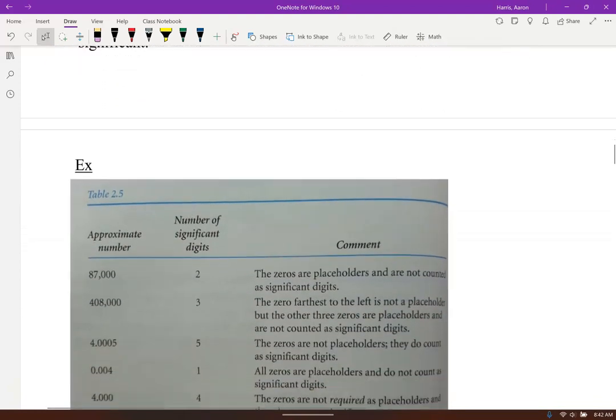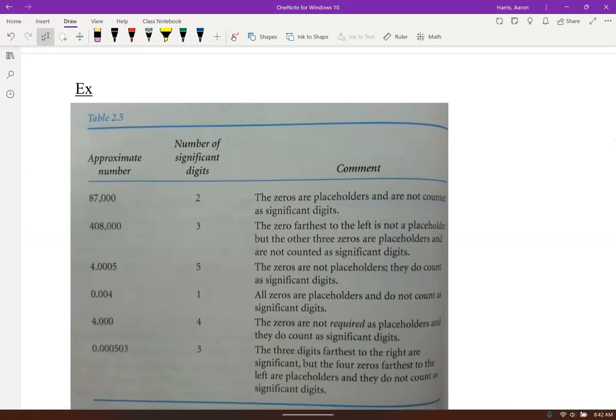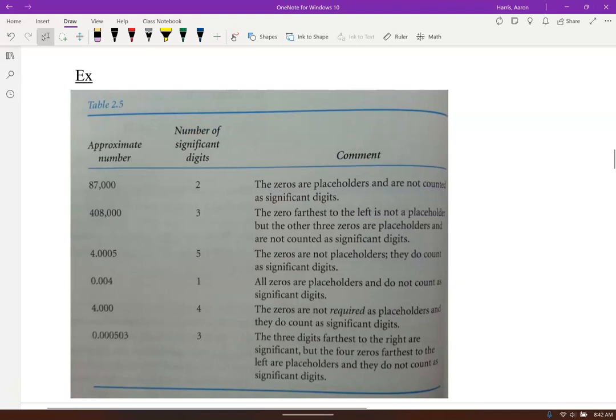So let's do some examples. We talked about that fourth rule, zeros used as placeholders. So 87,000. There are just 2 significant digits there. The 000 are just used as placeholders. 408,000.